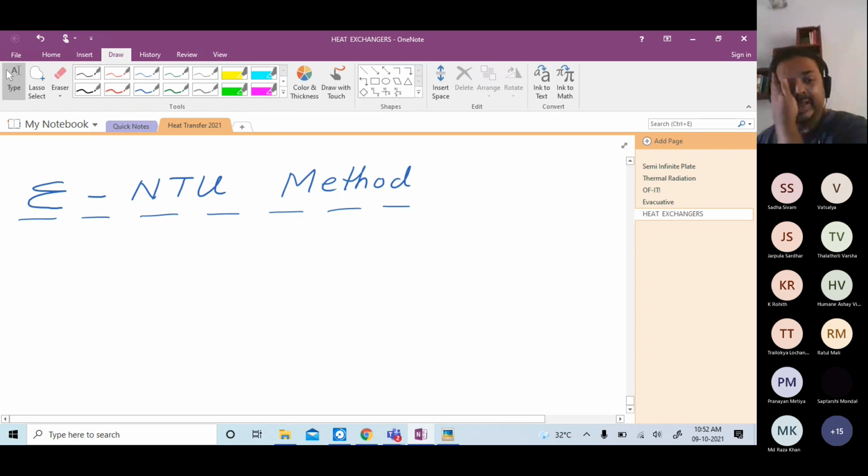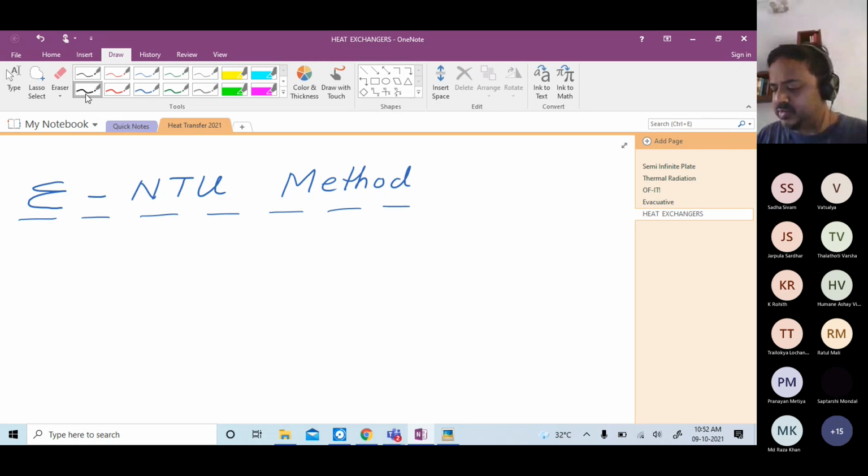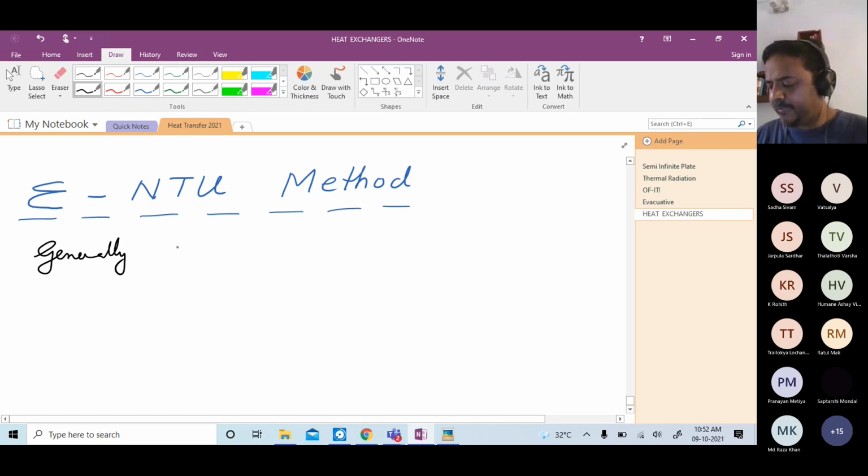Now, this epsilon NTU is also called the effectiveness NTU method. Now, why do we need this? Let me try to give you the context as to why or when this is going to be useful. Generally we encounter two types of problems.